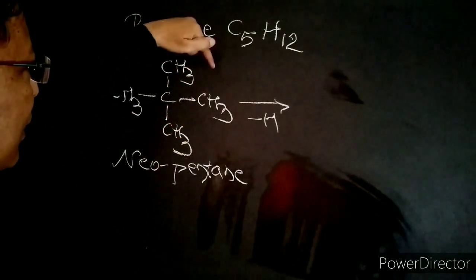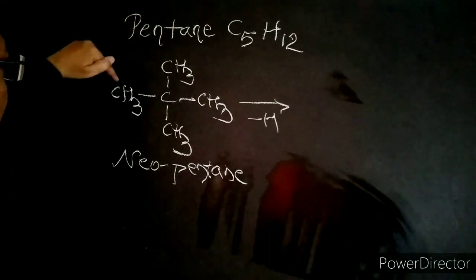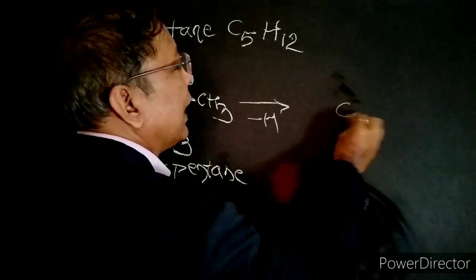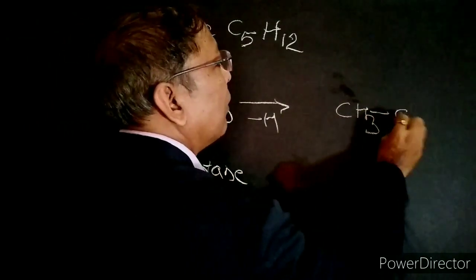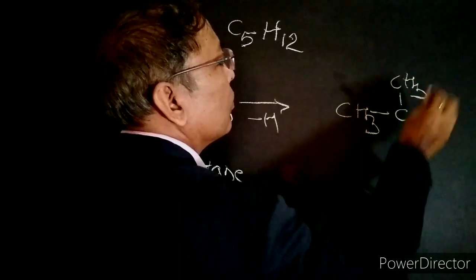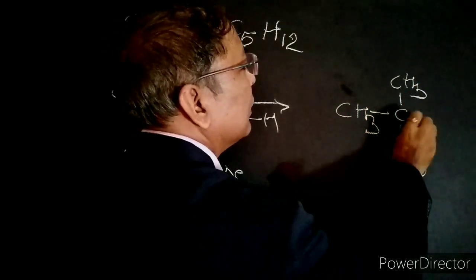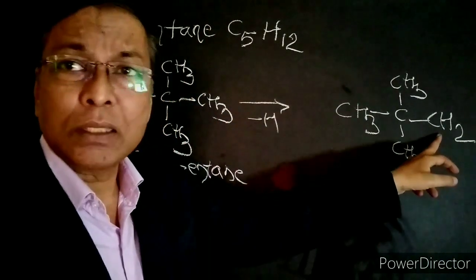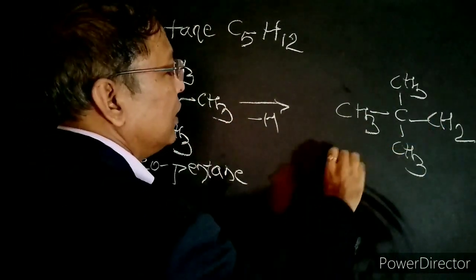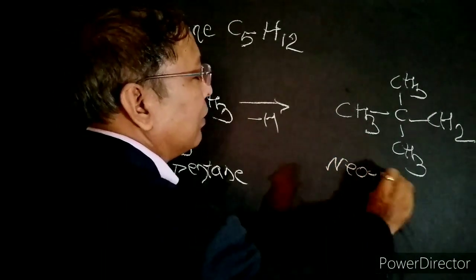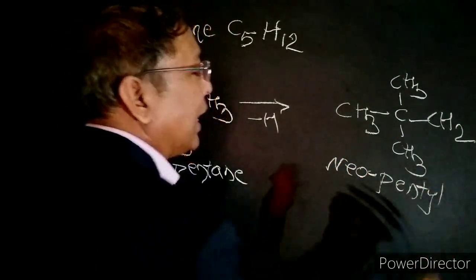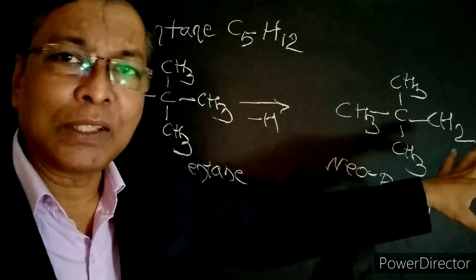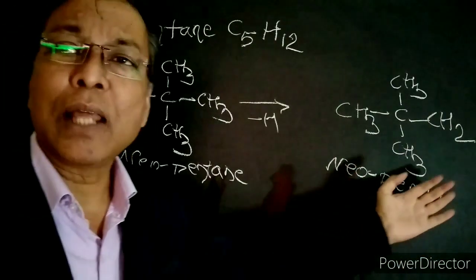You can replace the hydrogen from this or this or this or this CH3. It is the same. Therefore, you will get a group like this. This is called neopentyl. I have replaced the hydrogen from this carbon atom. When a halogen atom is present, say chlorine, it becomes neopentyl chloride.